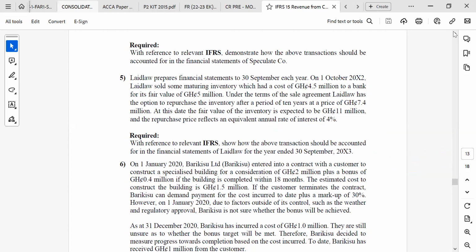No. Negotiation and those things will be there, and you are going to be incurring some. You will incur certain costs before the contract will even be won. So maybe the company is in Accra and the customer is in Kumasi. So every day you have to go to Kumasi to have the negotiation with the clients.